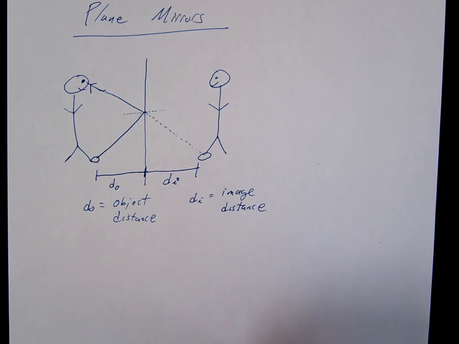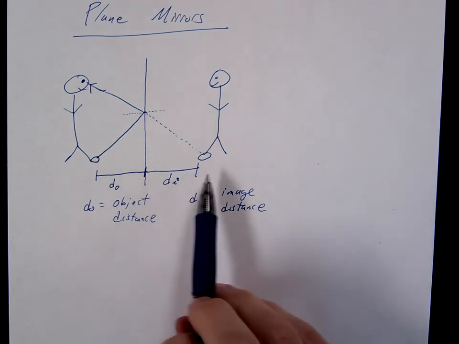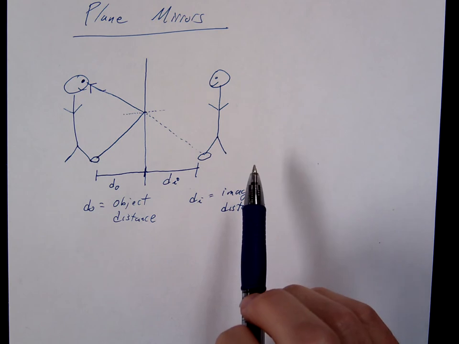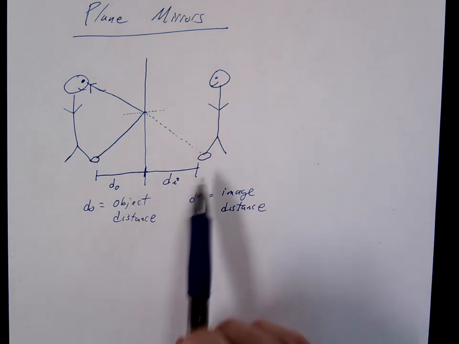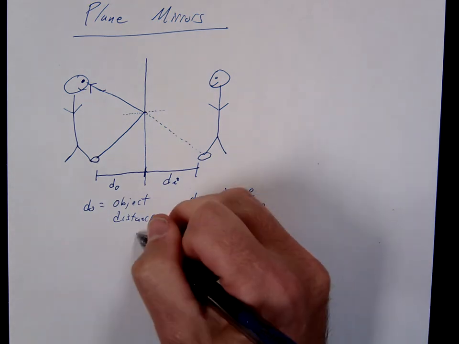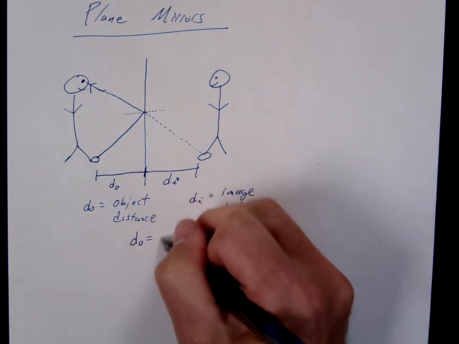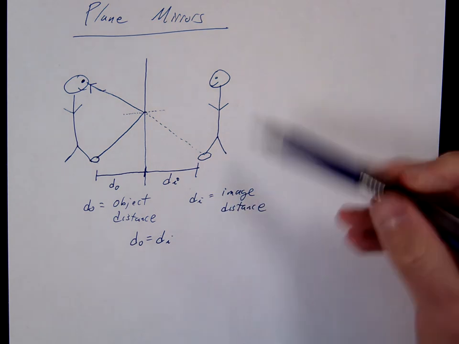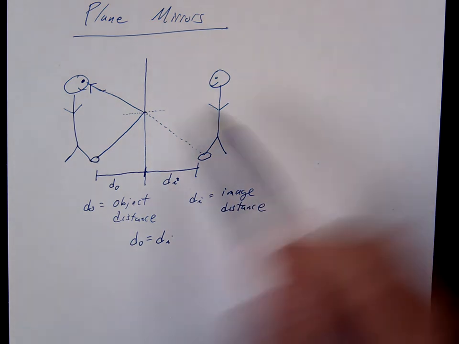And that's the distance away from the mirror of the image that you see. So if you could actually measure that distance, what's going to be true about those two distances? DO equals DI. For a flat mirror, for a plane mirror, those two are equal.